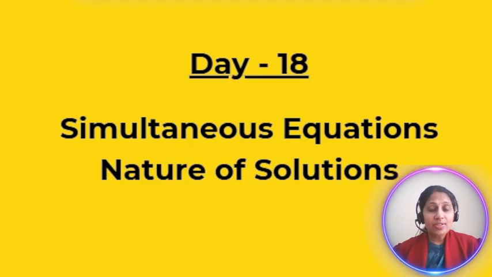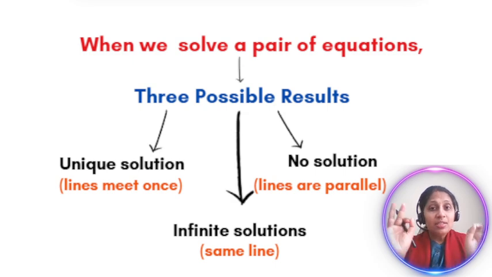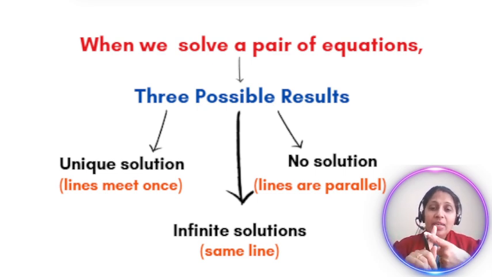So let's begin our day number 18 challenge, which is simultaneous linear equations, the nature of solutions. So what does nature of solutions mean? Whenever you solve two equations, three things can happen. The first thing, you get a unique solution, meaning that the two equations, which are nothing but straight lines, will meet at a single point.